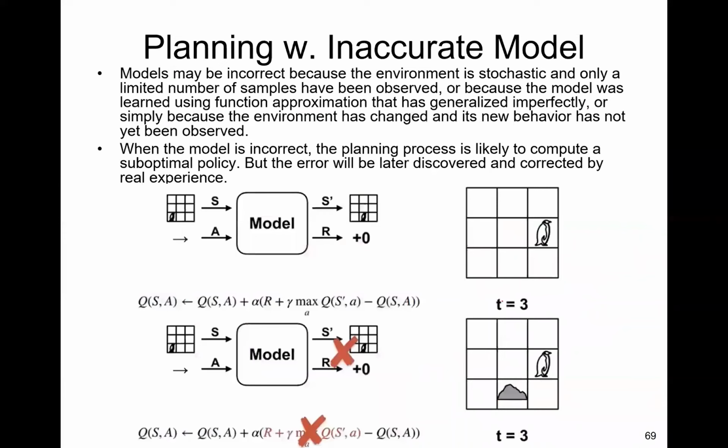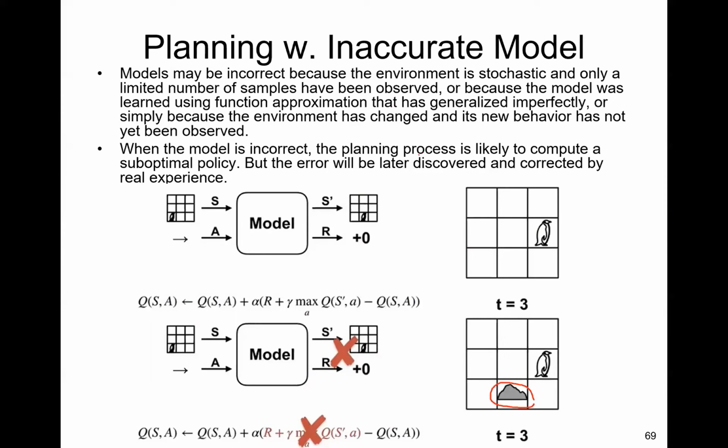So what if your model is inaccurate? What if suddenly there's an obstacle arriving in the middle during your learning? It's okay. The model may be incorrect because the environment is stochastic, or a limited number of samples have been observed, or because we are using function approximation, or the environment has just changed.